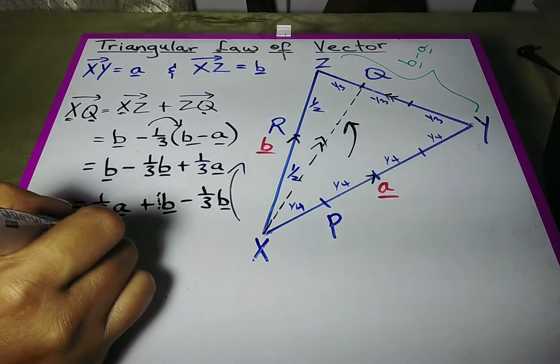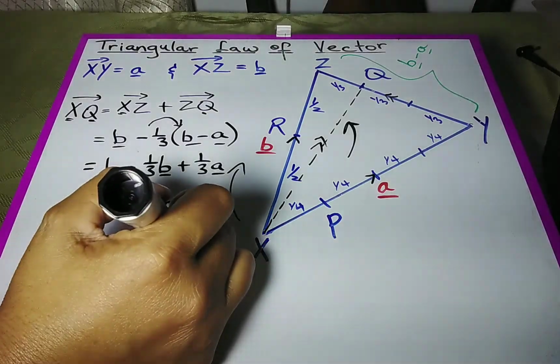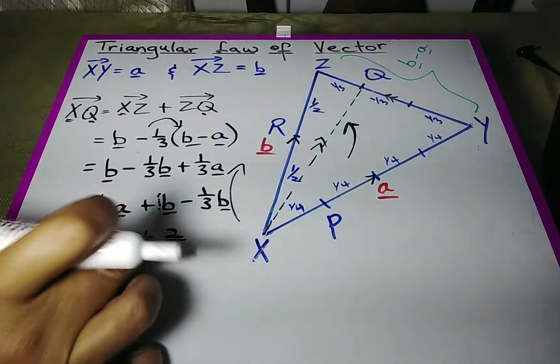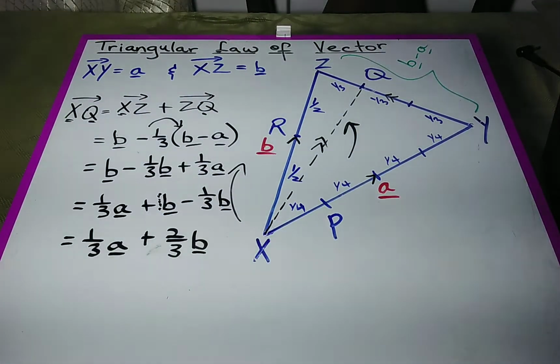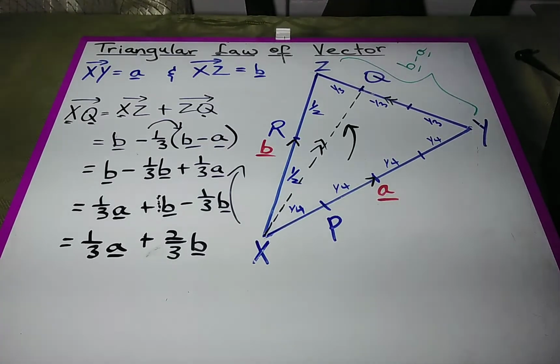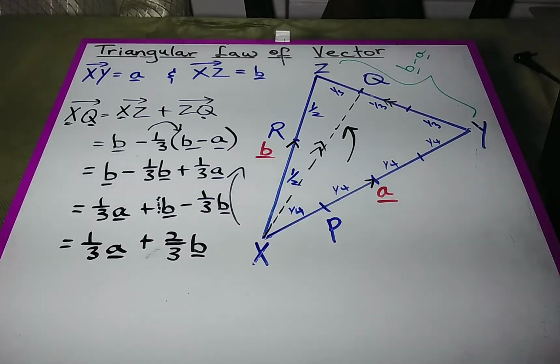So it's 1/3 A plus 2/3 B. All right, that's it. And we will open another video to calculate 3 more vectors.